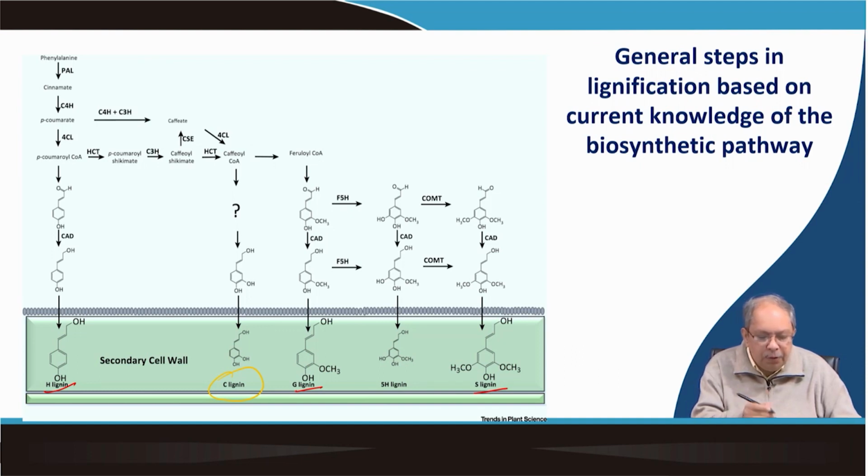Although these steps are unclear, caffeoyl CoA contributes to ferulyl CoA, so caffeoyl CoA, by the action of CCR, can make caffeoyl aldehyde, and caffeoyl aldehyde by the action of CAD can make caffeoyl alcohol. So, this is nothing but the structure of caffeoyl alcohol.